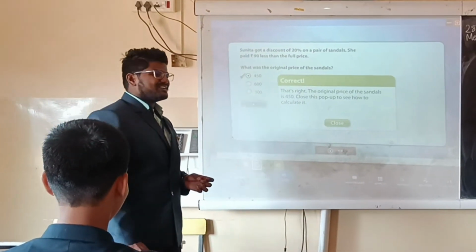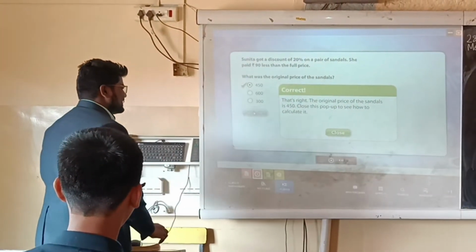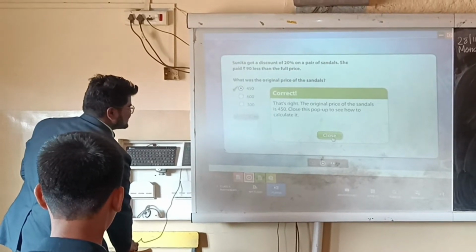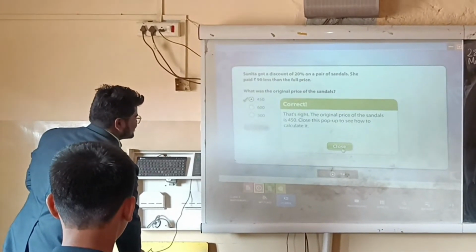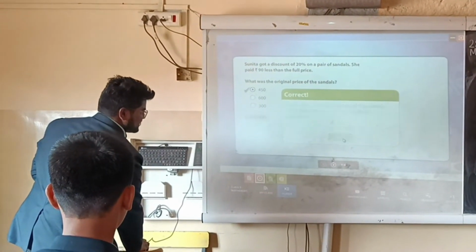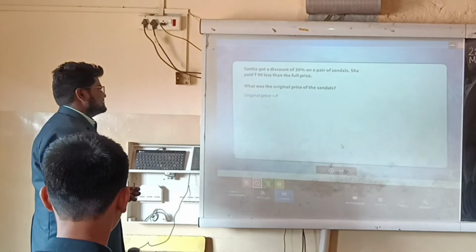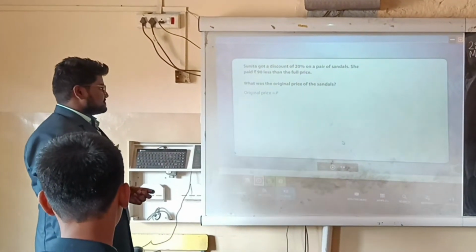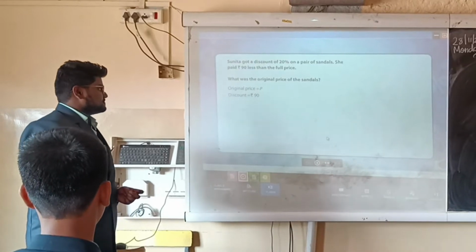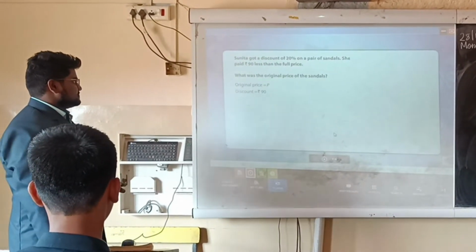And that wild guess was correct. Okay, now let us see. Right. The original price of the sandals is rupees 450. Now let us close this pop-up to see how to calculate it. Okay. Let the original price be P. The discount on the sandals is rupees 90. 20% of P is equal to 90.